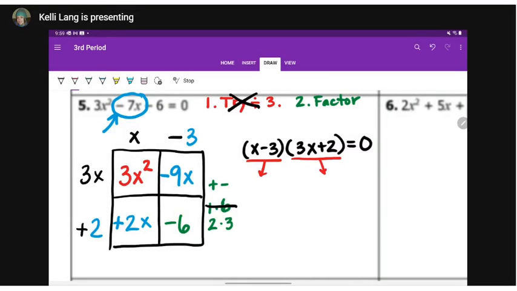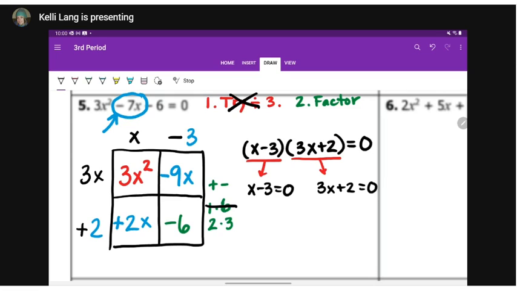The type of logic we use to find our roots is, okay, we've got these two factors multiplied together, and they equal 0. If two things are multiplied together and it equals 0, one of those things has to be 0. So maybe it's the first factor that's equal to 0. That would be x minus 3 equals 0. Or maybe it's the second factor that equals 0, which would be 3x plus 2 equals 0.